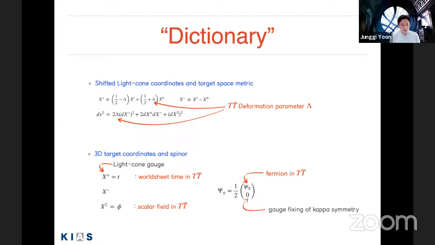We choose the light cone gauge so that x plus is identified with worldsheet time t. The third component, x2 of target space, corresponds to the scalar field in the TT-bar deformation. Also, after kappa symmetry is fixed, the remaining component of the spinor becomes the fermion in the TT-bar deformation.